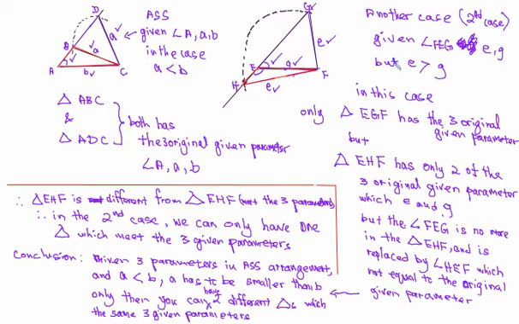So in other words, if E is larger than G, you only have one triangle. That means there's no ambiguity. There's no possibility of two triangles being constructed. So this is a very special case.